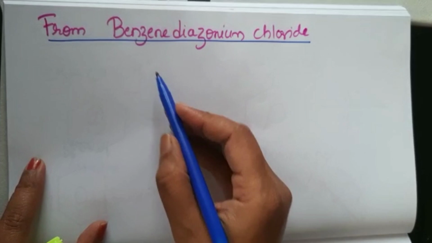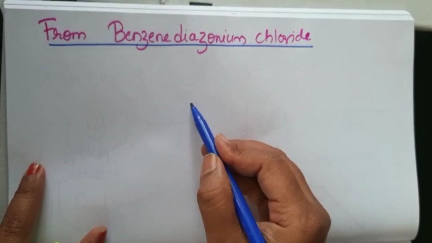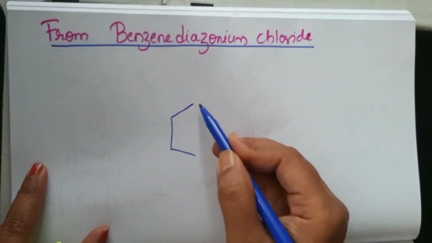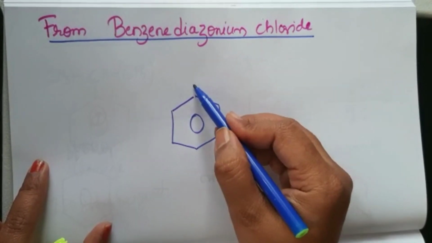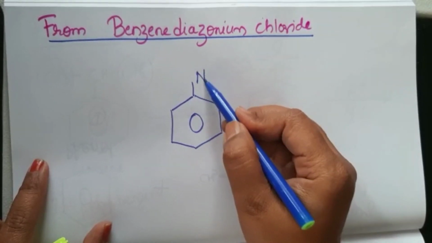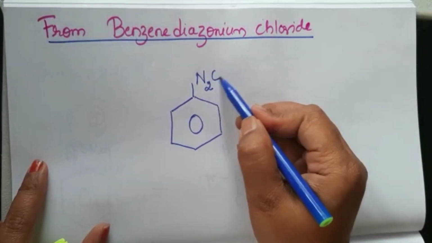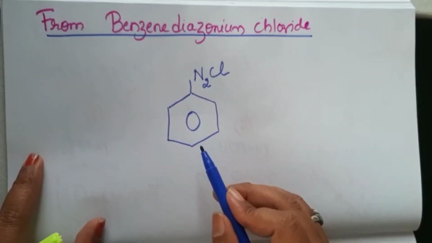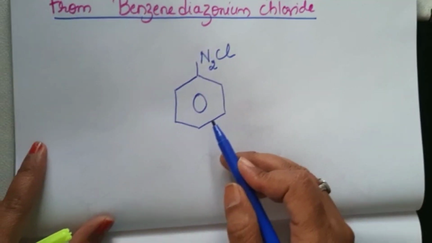From benzene diazonium chloride. So we will just try to write its formula. Everybody knows how to write benzene. Benzene diazo. Di means 2, azo means nitrogen. So diazo I have written, and then chlorine. So this is benzene diazonium chloride. How do I get benzene diazonium chloride?